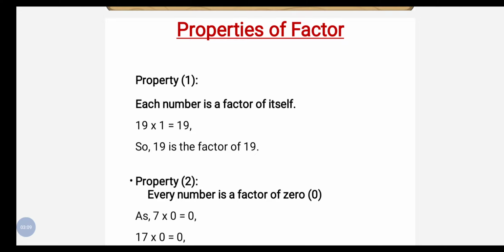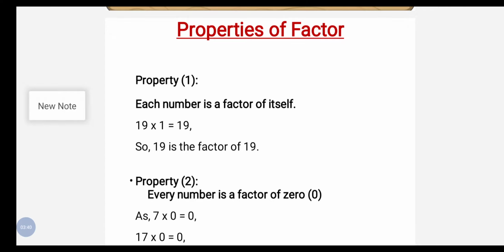If we have to find the factor of 19, which I have taken as an example here, 19 is a factor of 19 because 19 is the exact divisor of 19 itself, because 19 multiplied by 1 is equal to 19. So every number can be written as the product of 1 and the number itself.